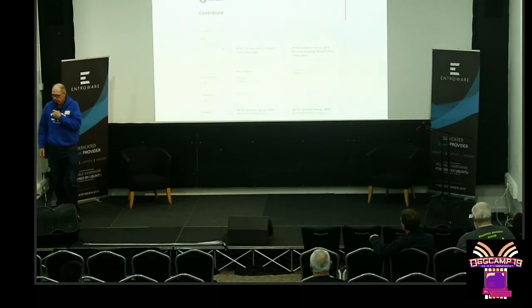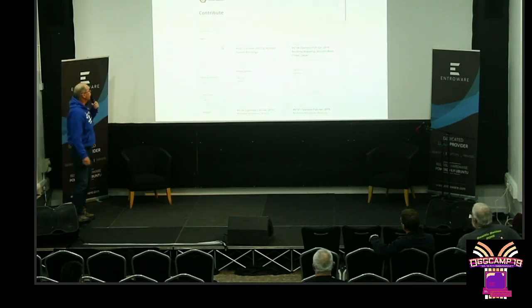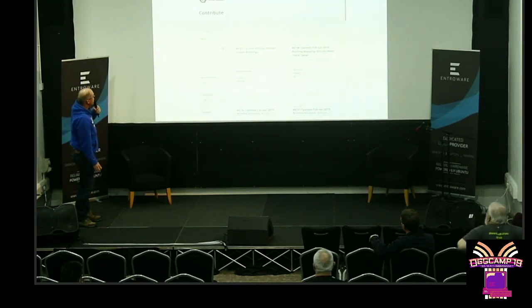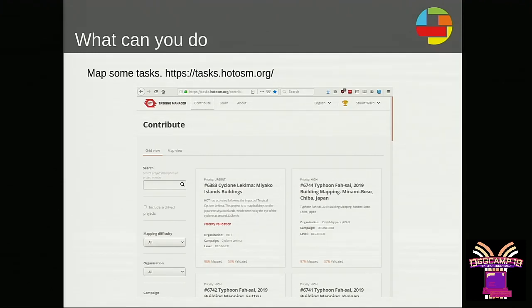We map tasks. So tasks.hotosm.org is where the aid agencies put up their requests to map. So this is actually a pretty good gauge of where there are problems and disasters that are happening around the world.